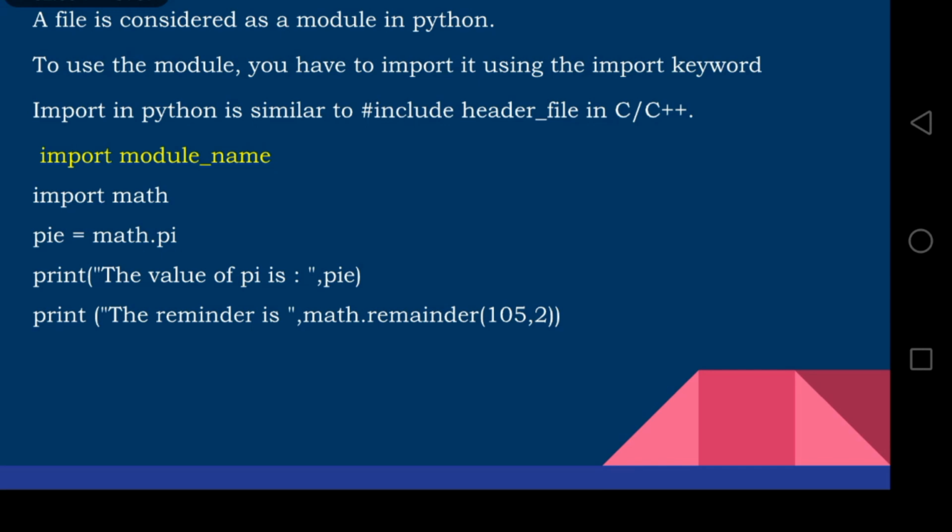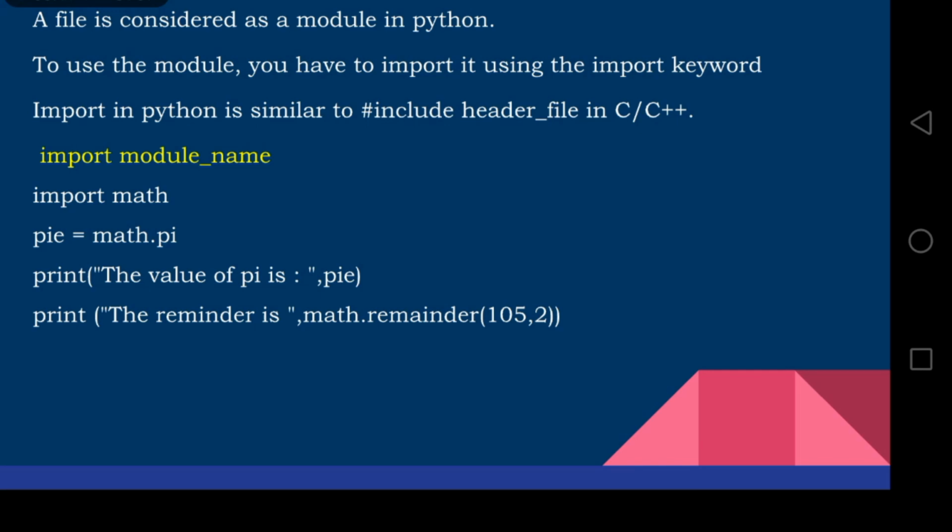Now we are printing the value of another function, which is the remainder, which gives the remainder after division. So print the remainder is math.remainder. Here remainder is the function which gives the remainder value of division. The values here are 105, 2.